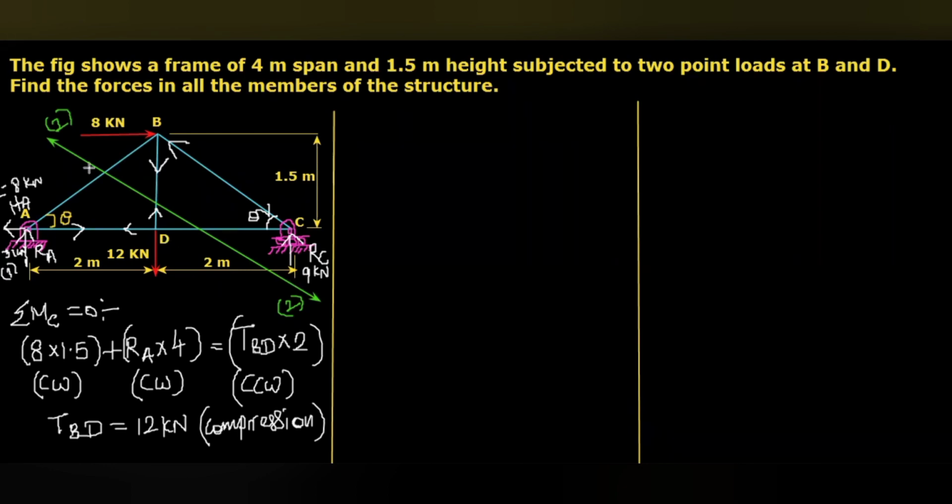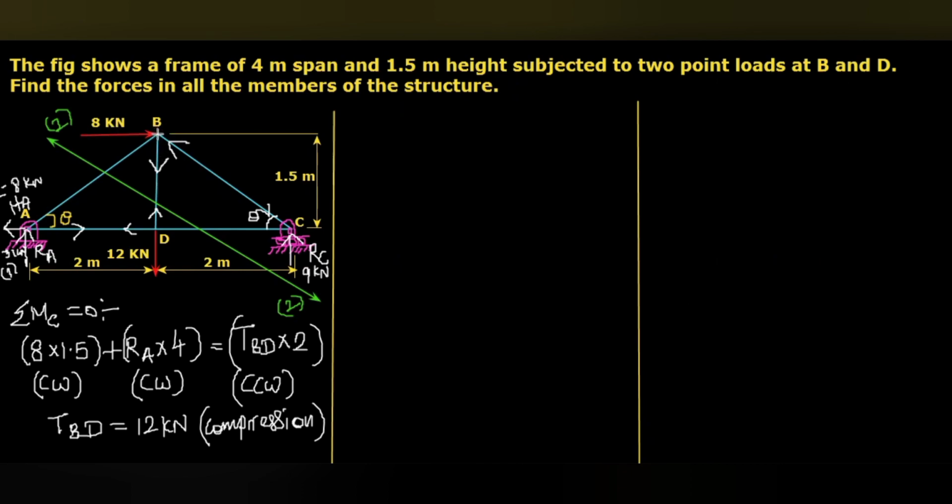Here it passes through only 3 members. As usual, this section line separates the frame into 2 segments, like upper part and lower part. Any one we can consider. Here I am going to consider the upper part.